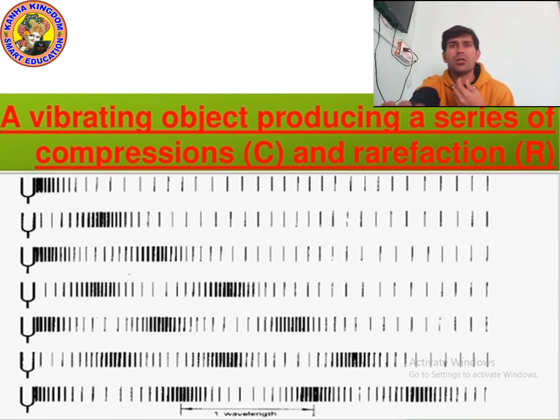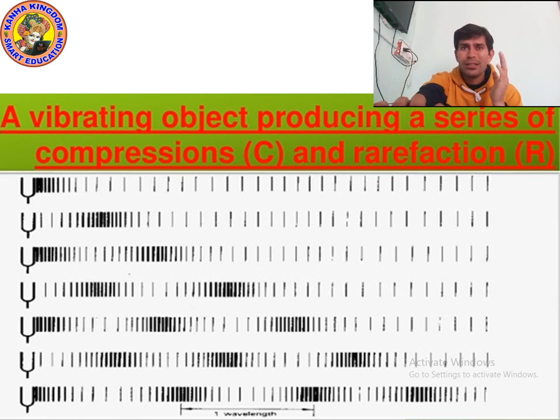As you can see in the picture, kids, I have shown two kinds of lines, dark lines and light lines. The dark lines show the areas of compression.